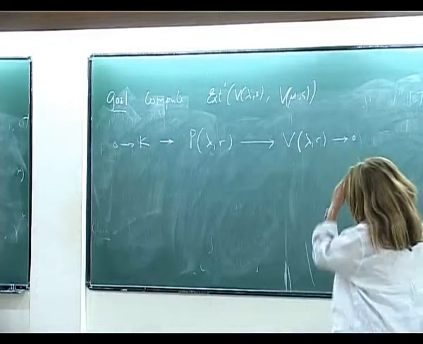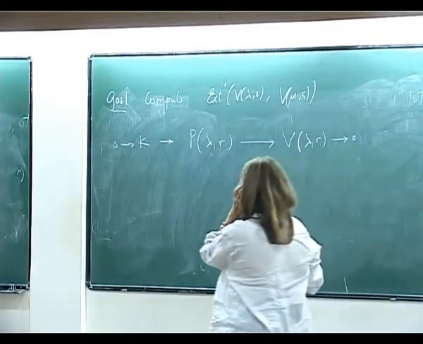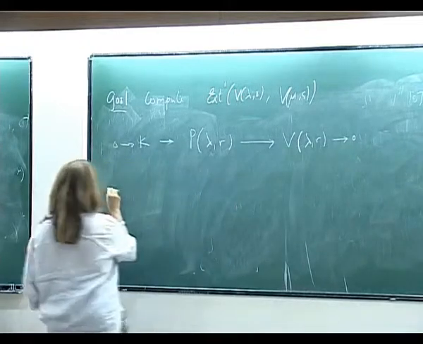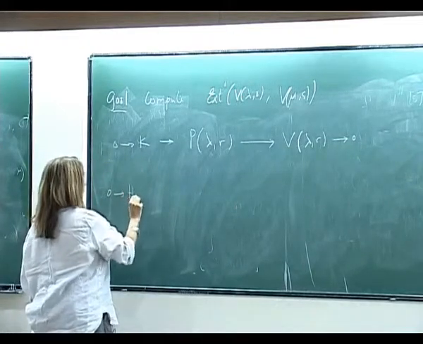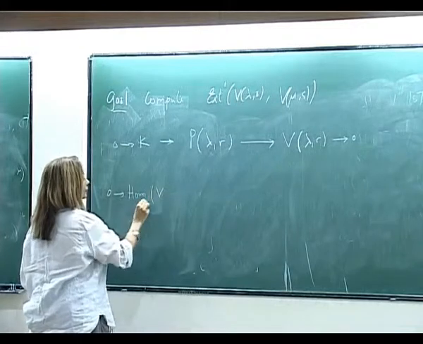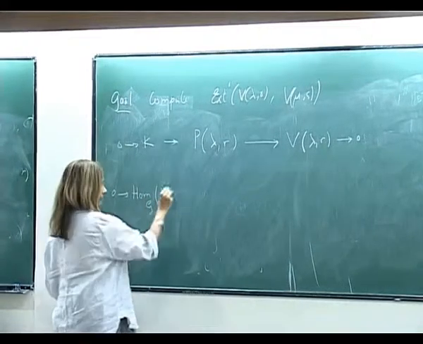And let's start computing. Apply Hom. So I'll get 0 to Hom, these are now G-Homs, I won't write that G again, but we'll know that.